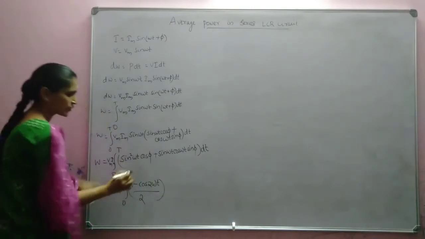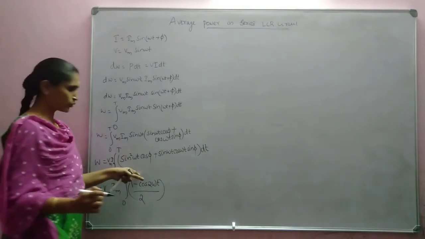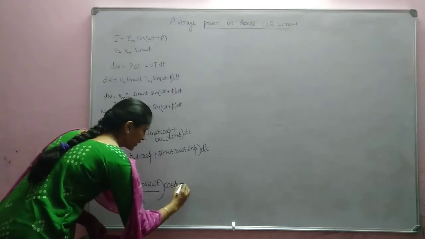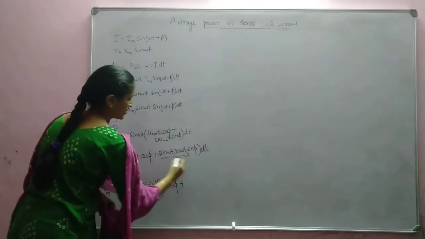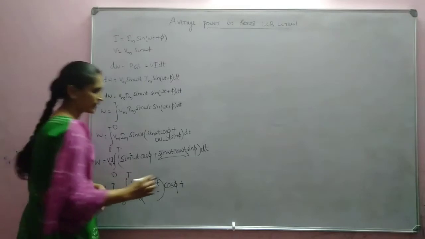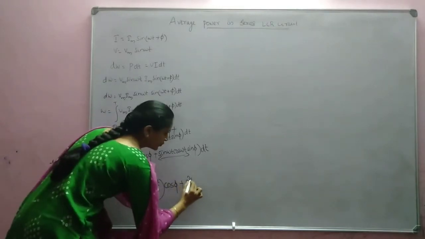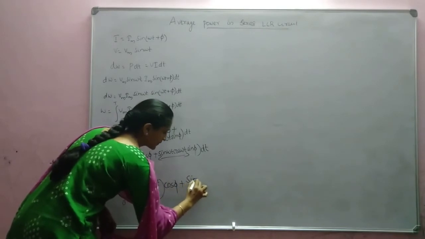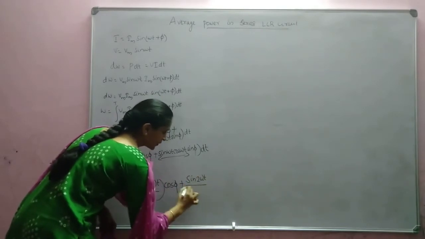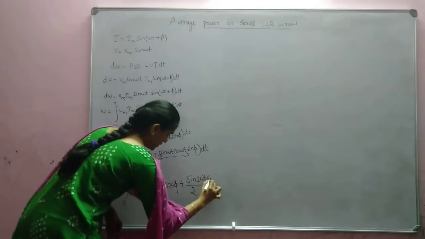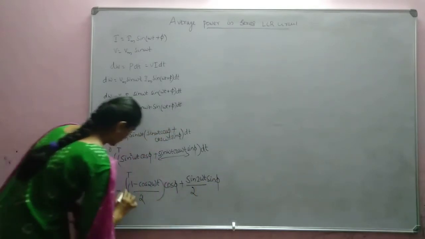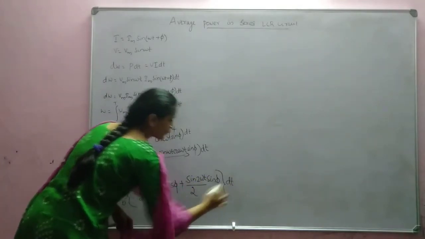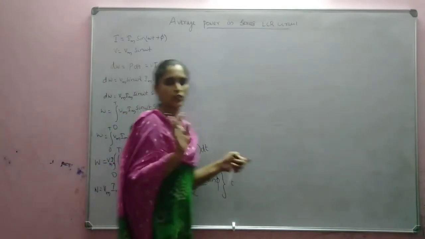So instead of sin square omega t, we can write 1 minus cos 2 omega t by 2, and instead of sin omega t cos omega t, we can write sin 2 omega t by 2. Okay, is it clear? So two terms we got.